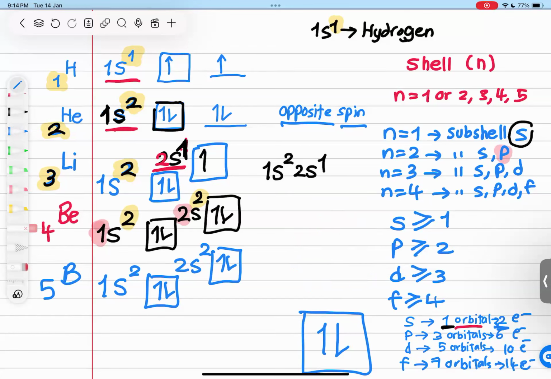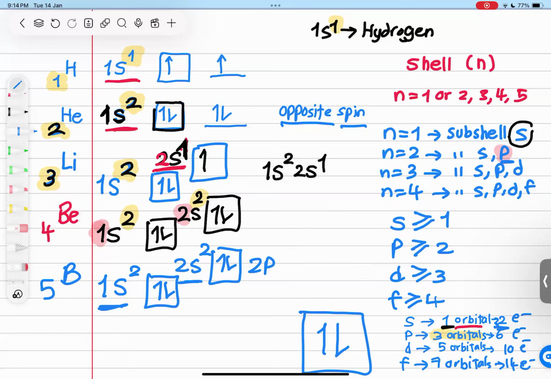So I have something called p orbital, or p subshell, inside the second floor. So first floor has only s, but second floor has s and has something called 2p. The p is a subshell, right? The subshell contains how many orbitals? 3 orbitals.